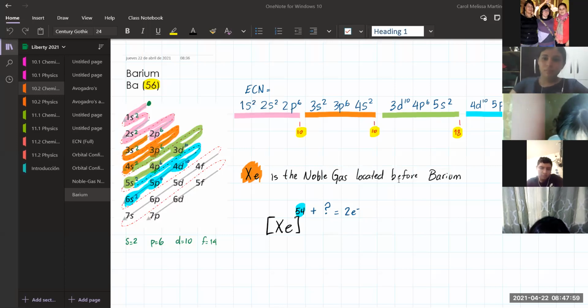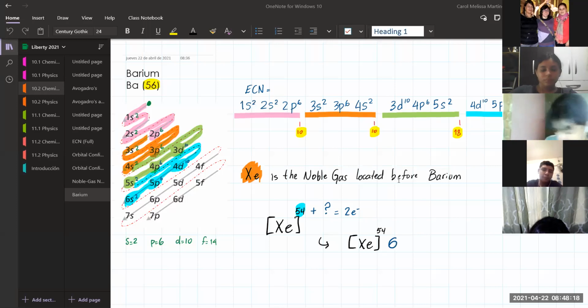So my configuration is going to be xenon, which has 54, and I will complete the configuration with the last portion, that is 6s2. The only reason is because it gives me the 2 electrons that I need.